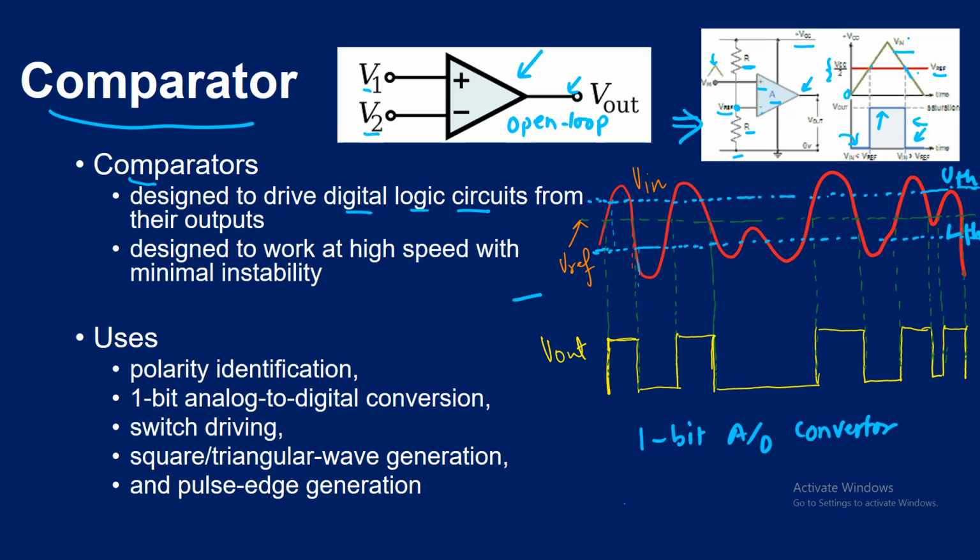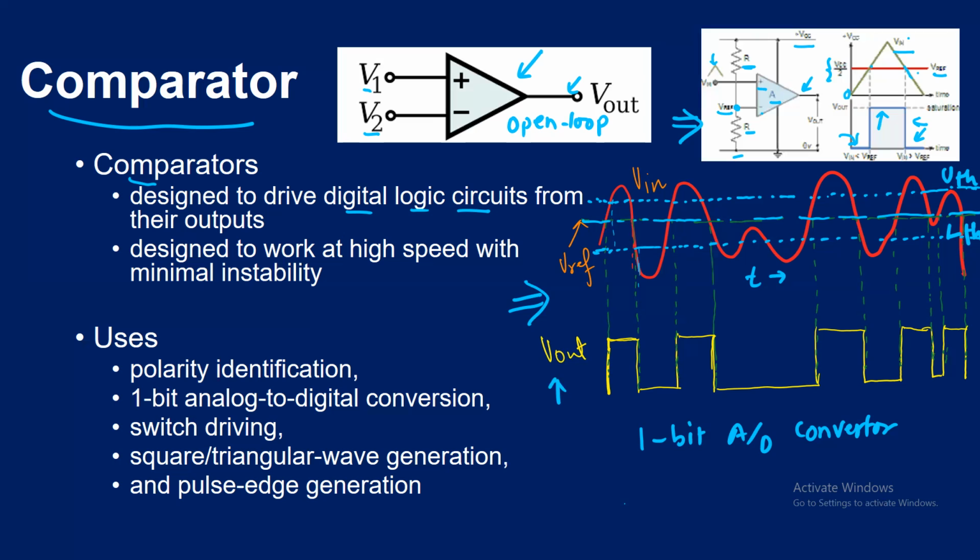Here is a waveform. The red curve is an input signal that is varying with respect to time, and the one in the middle is the reference level. Your input signal varies above or below this reference. We apply the same principle to plot the output.